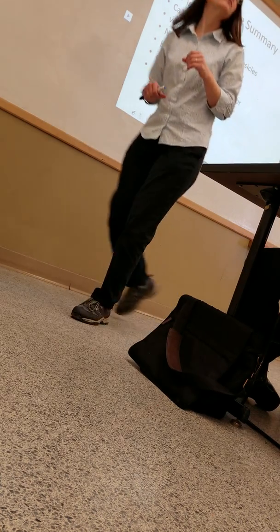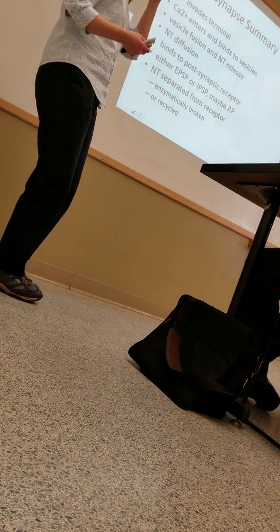So if you want to just memorize this step by step, it would give you all you need to know about what's going on in the synapse. We're going to go through and dissect this out and look at pieces of this to figure out how researchers came up with these steps. So, number one, first, your action potential will invade the terminal.